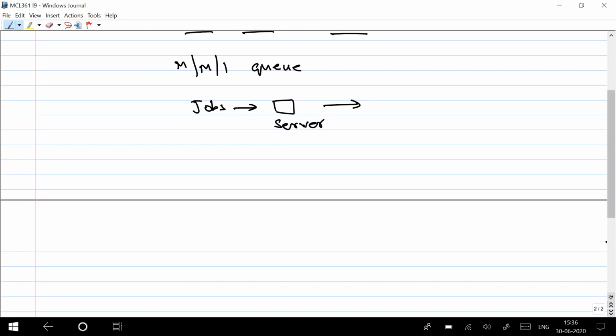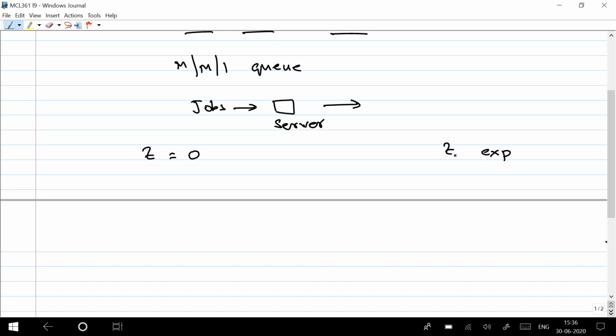In a discrete event simulation, let's say you start the simulation at t equals 0. At t equals 0, you schedule the arrival of the first customer, or the first job. For that, you have an exponential distribution of interarrival time.